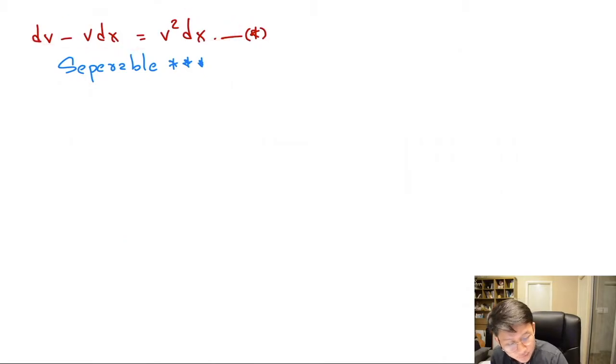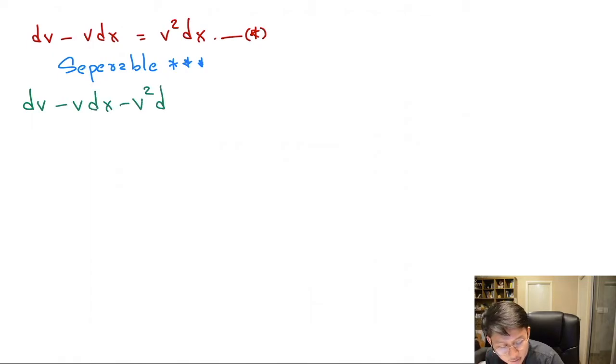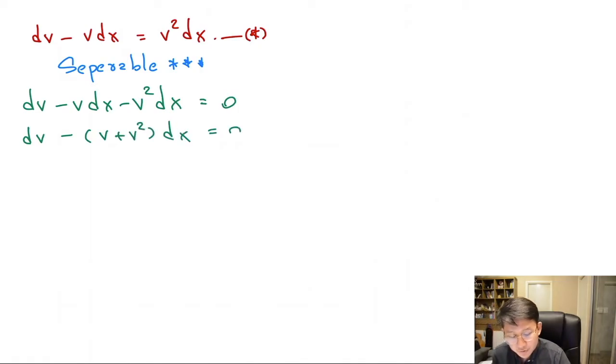Why? Because if you look here, guys, dv minus v dx minus v squared dx equals 0. So we have dv minus (v plus v squared) dx equals 0, right? So I divide the whole equation by v plus v squared.